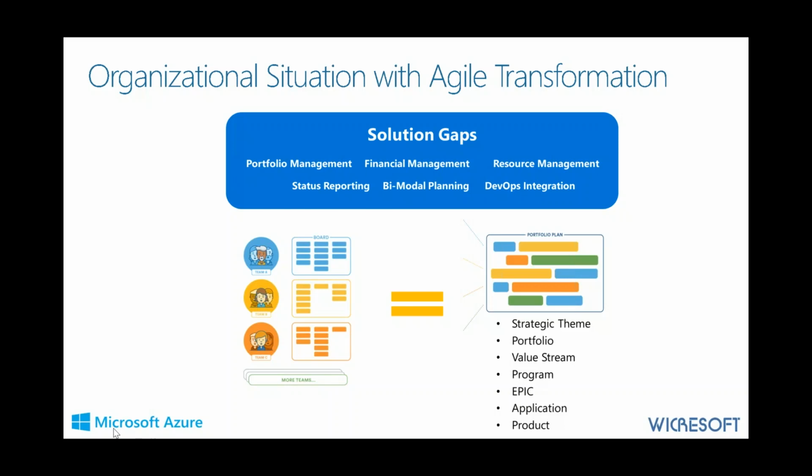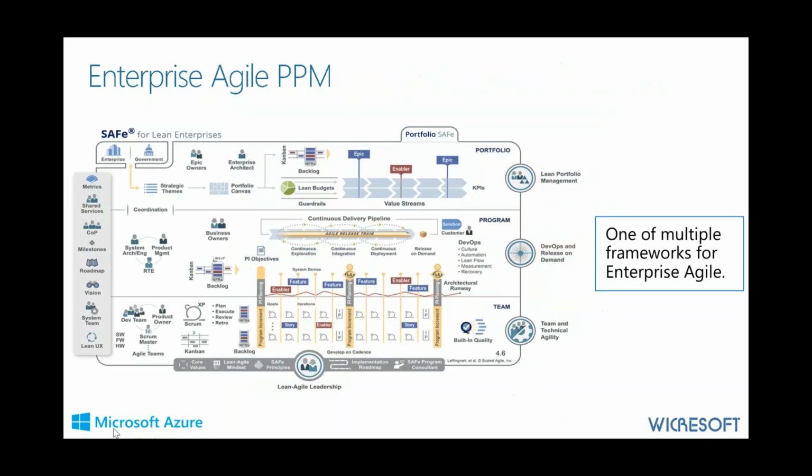So we're trying to provide that portfolio perspective to all the different stakeholders in whatever way they need, while at the same time solving this gap of having financial management, resource management, status reporting, bimodal planning in the event that you're also including waterfall projects, and also the final, which is leading to DevOps integration, and that's where we talk about Azure DevOps. So in today's presentation, we're going to address Enterprise Agile from a SAFe perspective.